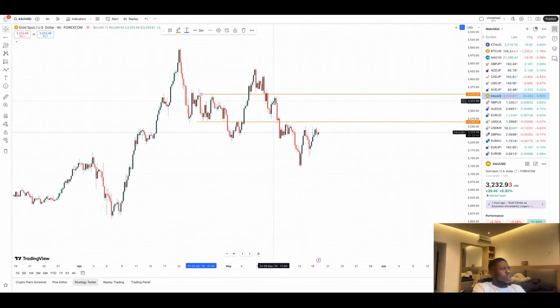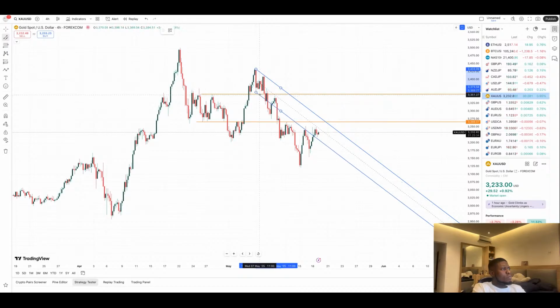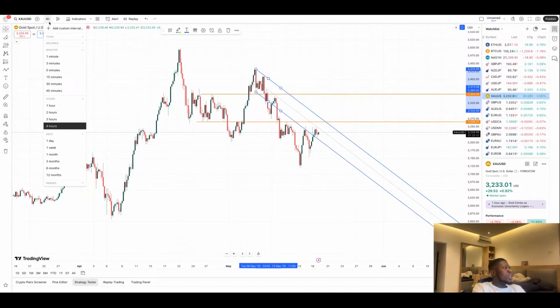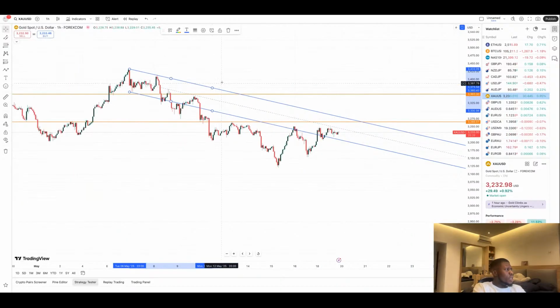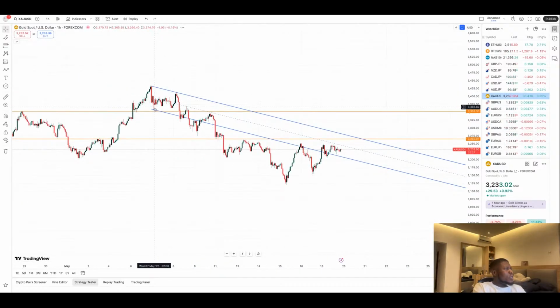So currently gold is in a downtrend. Oh, I need to draw my trend. For the clarity of my swing, I need to go back to like 1 hour. So I have my swing here.